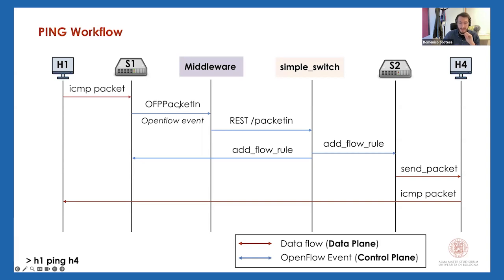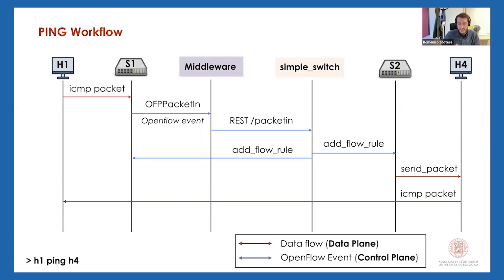OpenFlow creates the event, and then our controller, our middleware, transforms this event into a REST communication. So the PacketIn REST request is sent to the simple switch, and there is a business logic inside that creates the rule.